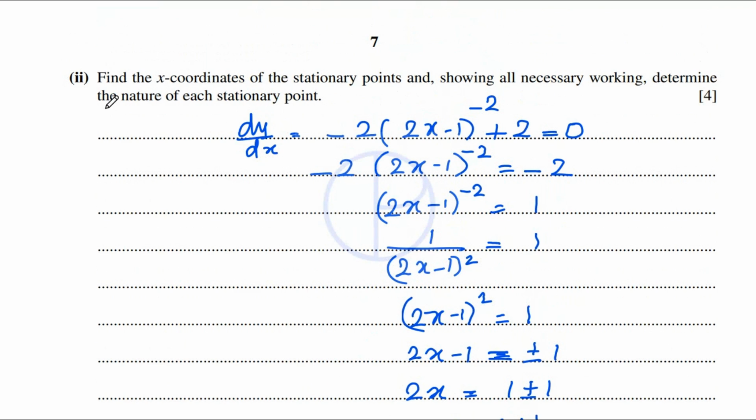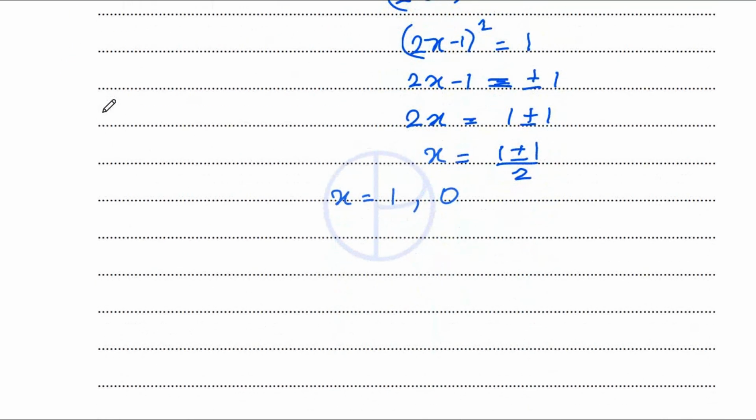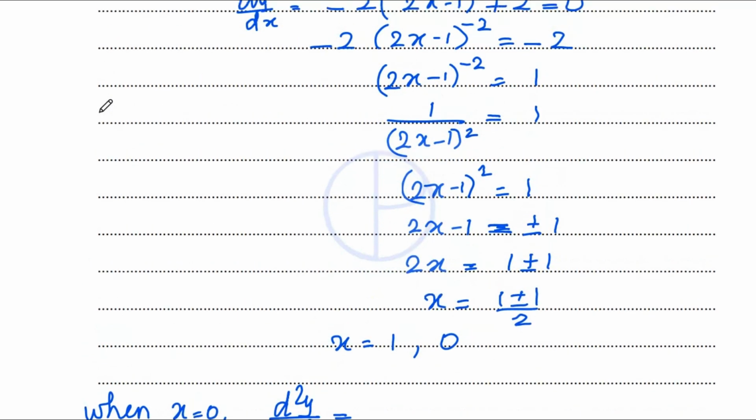Now we need to determine the nature of each stationary point. When x equals 0, substitute x equal to 0 in d squared y by dx squared to know the nature of the stationary point.